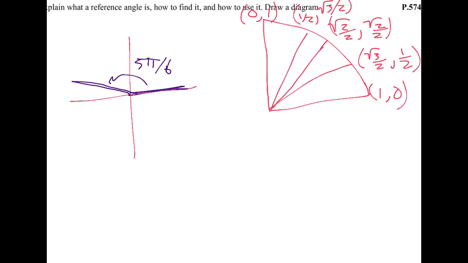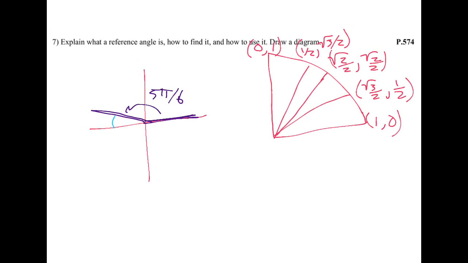Well, if the angle is between 0 and pi, I can always subtract it from pi to figure out what that reference angle is. So I can say pi minus 5 pi over 6 equals pi over 6. And so I know this angle right here is pi over 6. Why is that useful? Well, I can now reference the pi over 6 angle in the first quadrant, so right here.